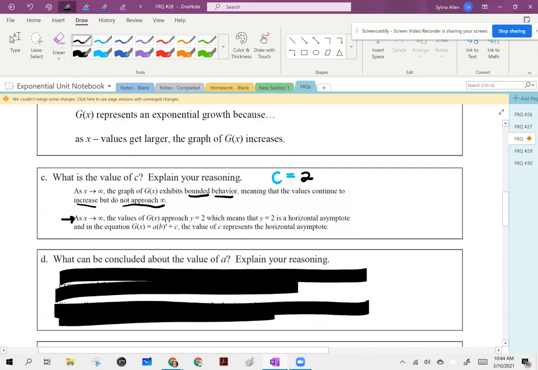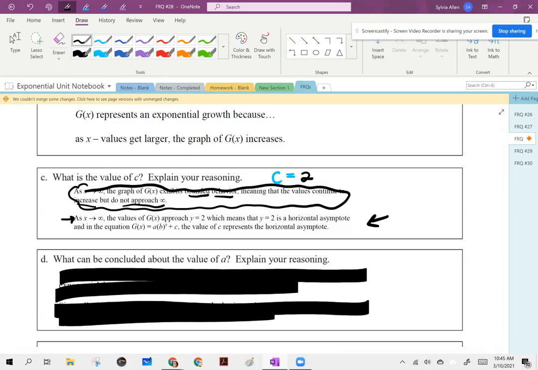This is just the idea. You don't have to have this written down, okay? This is what the inadequate explanation would indicate. As x approaches infinity, the values of g of x approach y equals 2, which means that y equals 2 is a horizontal asymptote. And in the equation, and again, it's the formal equation they provided at the beginning of the prompt, the value of c represents the horizontal asymptote. All right, go ahead and answer D.